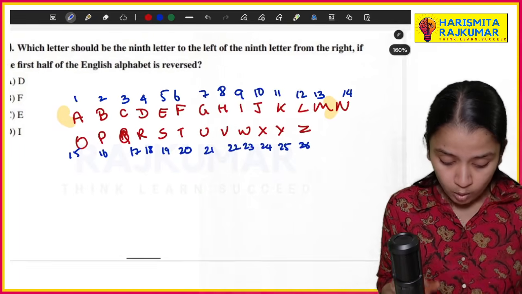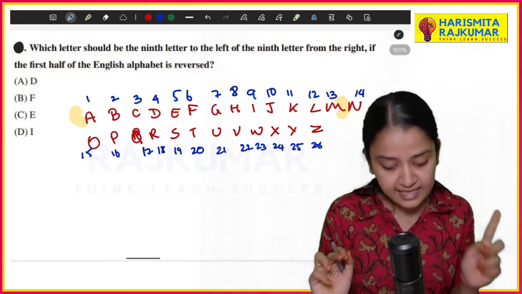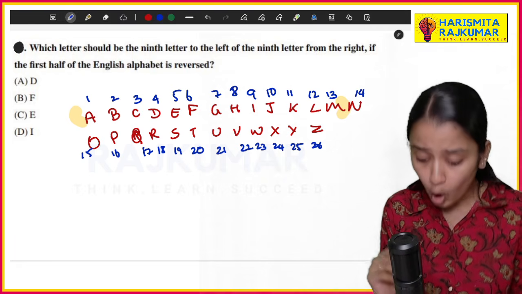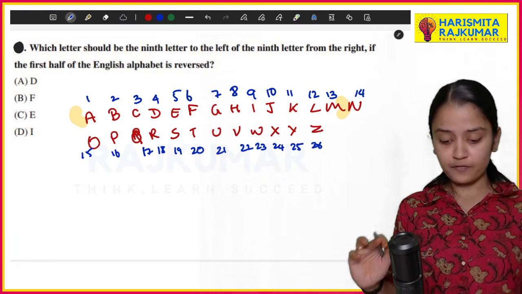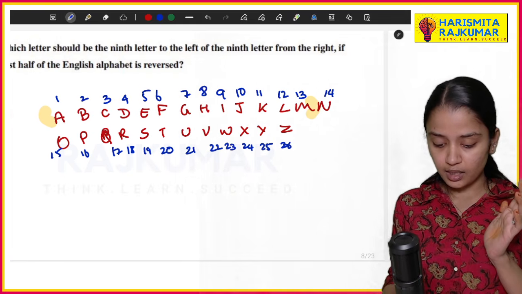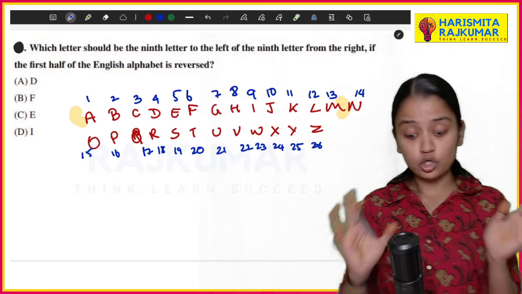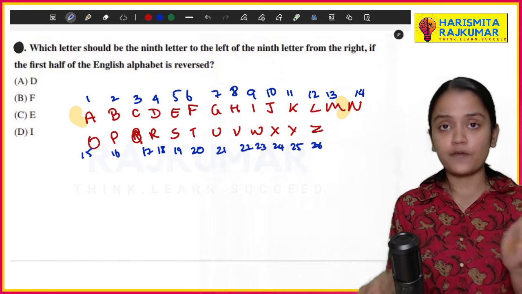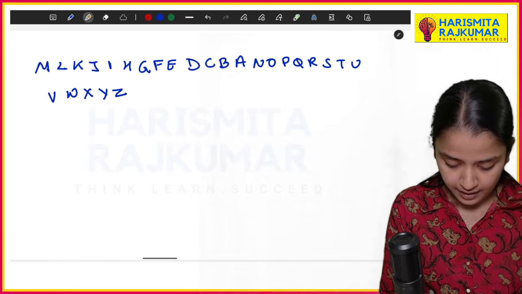Okay. Now, which is the 9th letter to the left of the 9th letter from the right? So basically you have to find the 9th letter from the right. Let me find it.